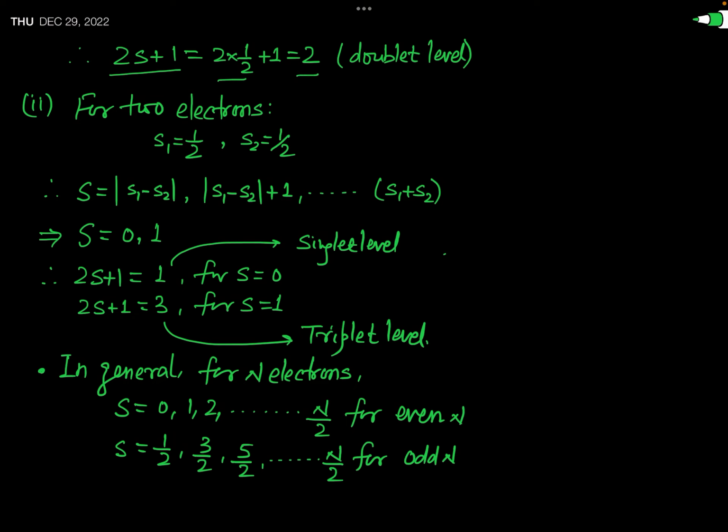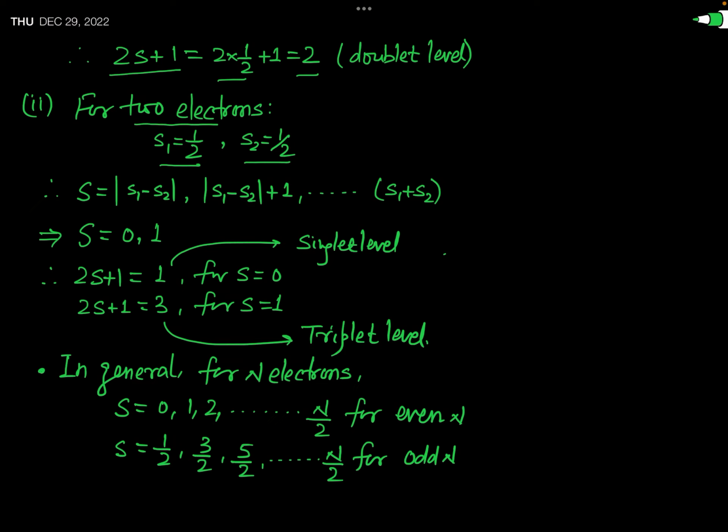And so this is called the doublet level. Now let us consider there are 2 optical electrons. Then the individual spin quantum numbers will be s1 equal to half and s2 equal to half.